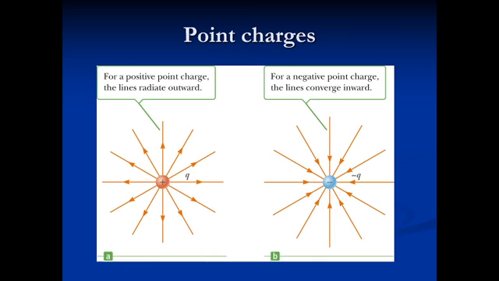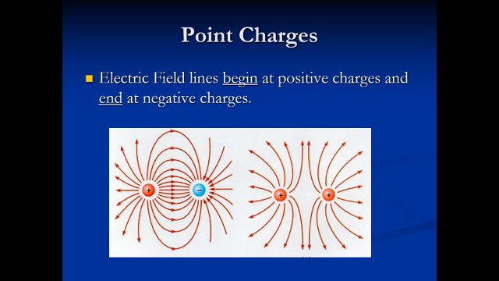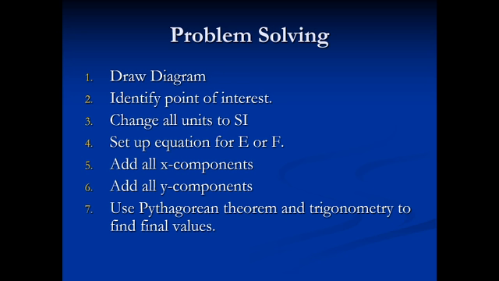If you have more than one charge, you get these loops. You can think of the field lines as beginning at the positive charges and ending at the negative charges when you have a collection of charges. Because most objects are neutral, you don't get electric field lines created by them. When you're solving problems using either force or electric field, make sure you start with the diagram. Figure out what point or what particles you're looking at.